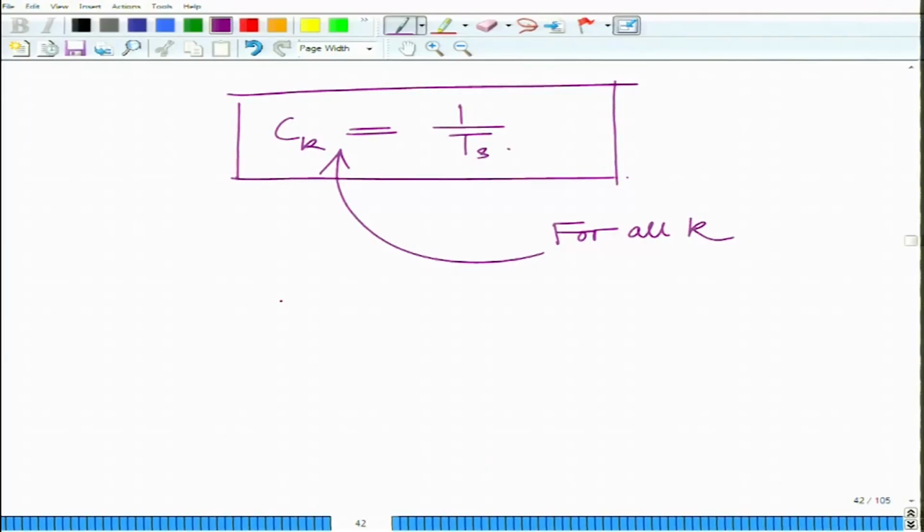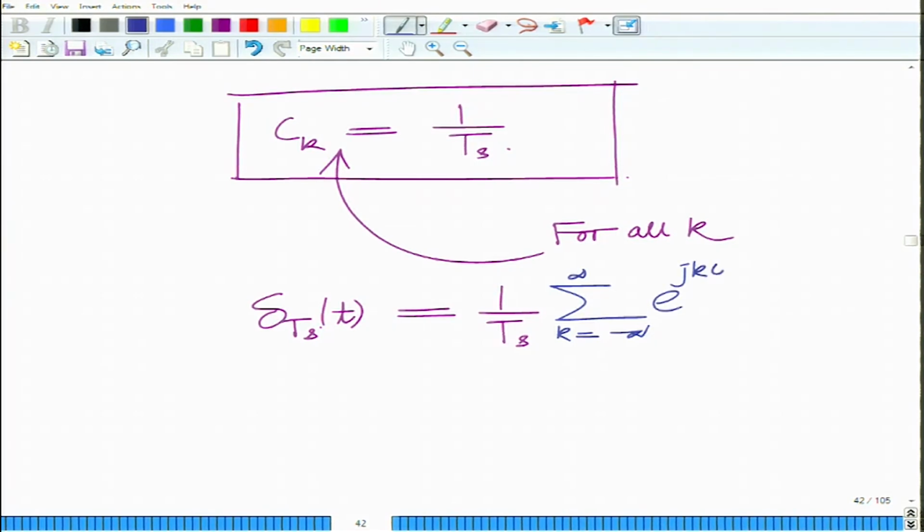And therefore, the complex exponential Fourier series is given as summation Ck e raised to j k omega s t, where all the coefficients Ck are 1 over Ts. So, this will simply be 1 over Ts summation e raised to j k omega s t. So, your delta Ts of t, which is the impulse train with sampling duration Ts, is simply 1 over Ts summation k equal to minus infinity to infinity e raised to j k omega s t.